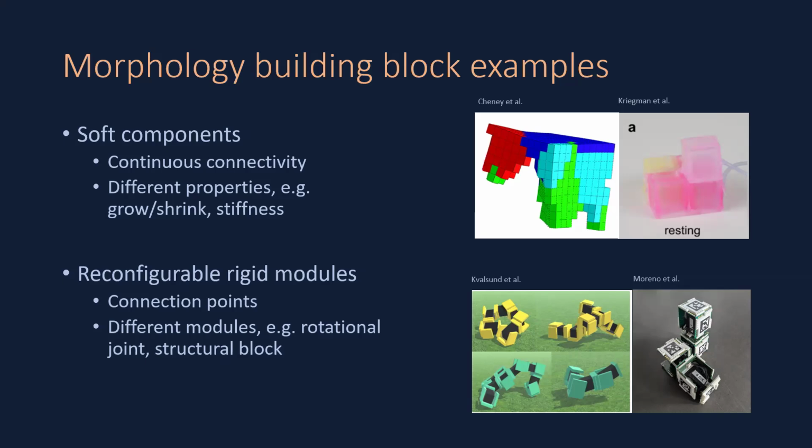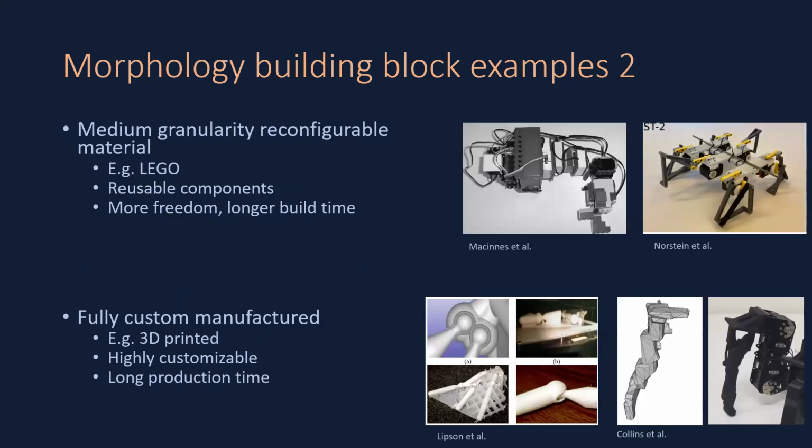Here are some other building blocks. We have been using some Lego bricks, and I know other researchers have been using that as well. In that case, you have a finer granularity. You can build almost anything. You have some discrete steps on how long your legs can be and so on, but it's quite flexible.